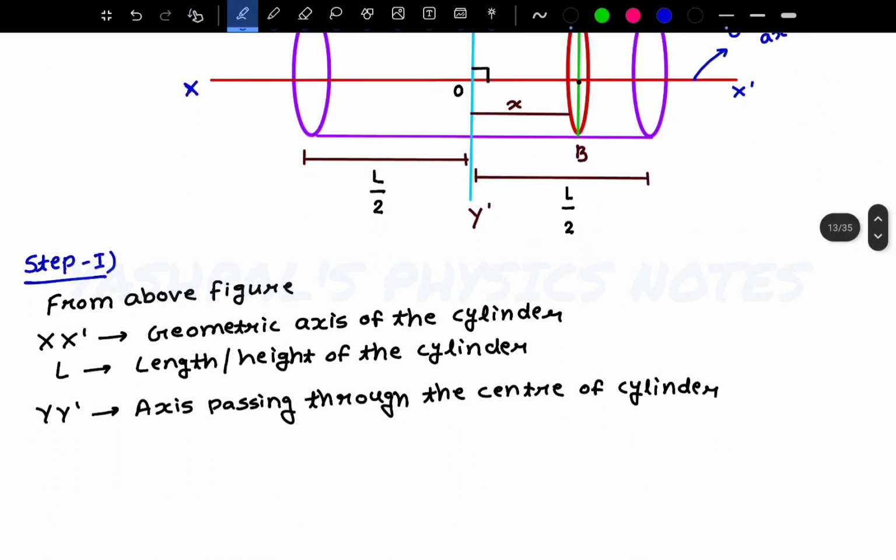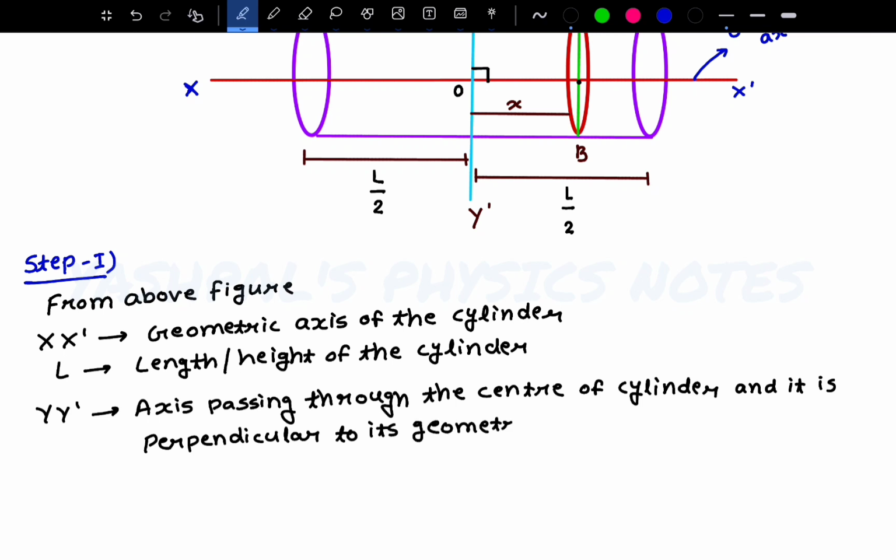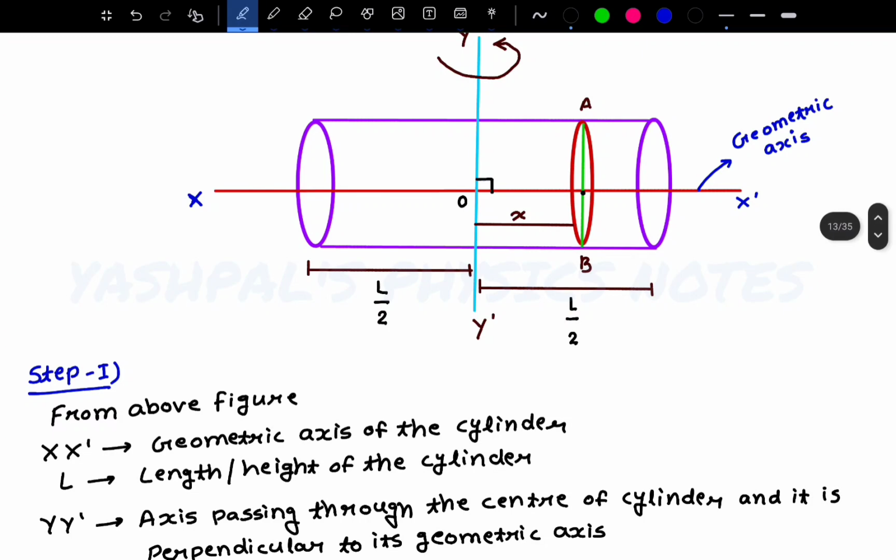So geometric axis is nothing but the axis which is passing through the center of the solid cylinder.